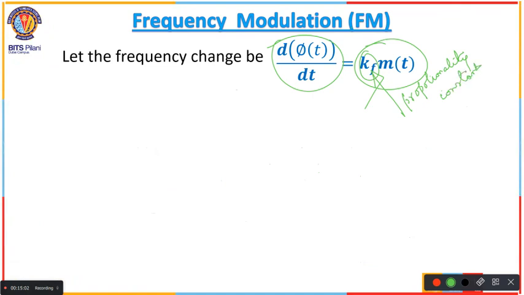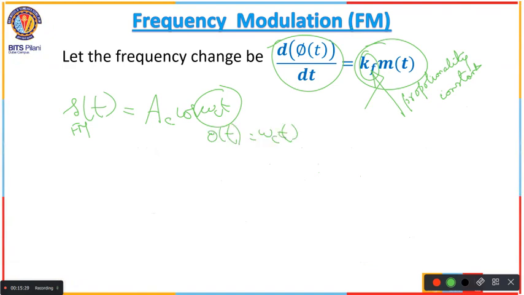Have you understood this? Now you have the equation. For the frequency modulated wave, you started from AC cos omega ct, and this omega you write in terms of theta of t, which is equal to omega ct plus d phi of t by dt.